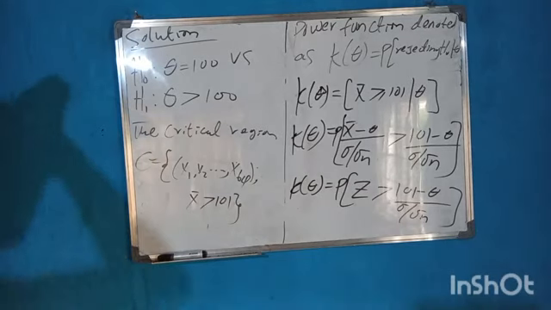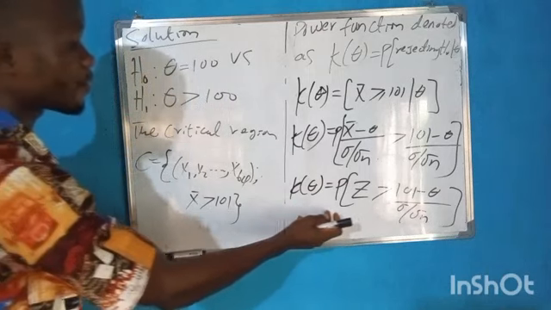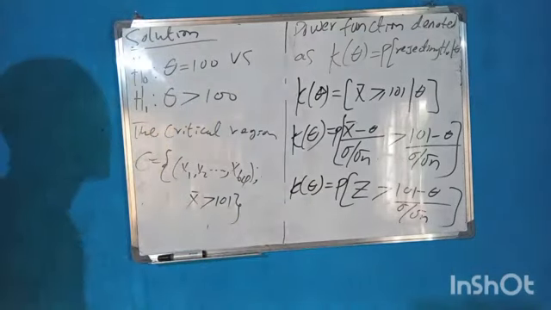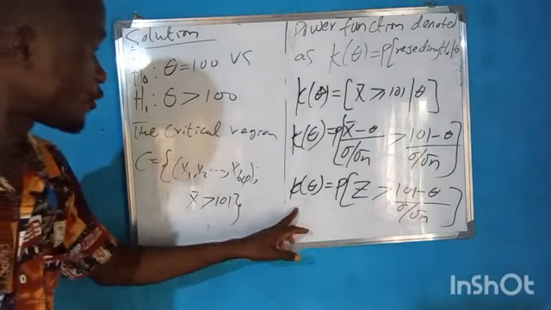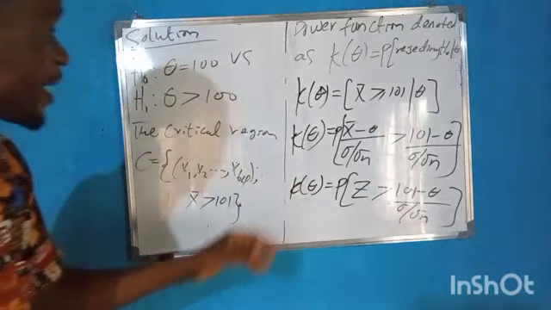Okay, so now to obtain the power of the test, I told you that the power of the test is the value of the power function at the parameter point.